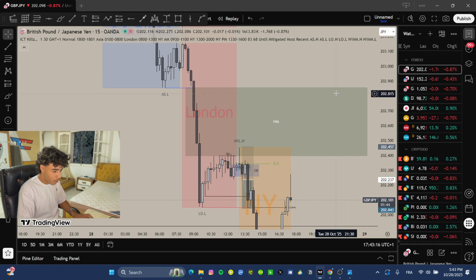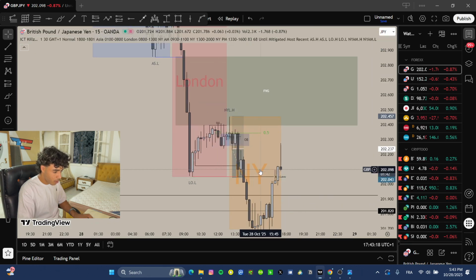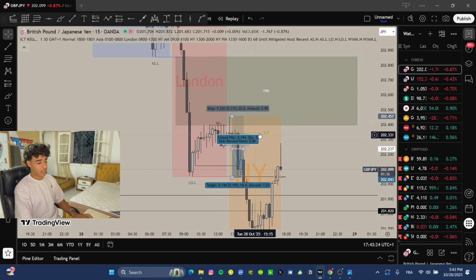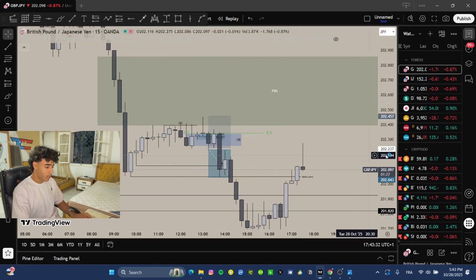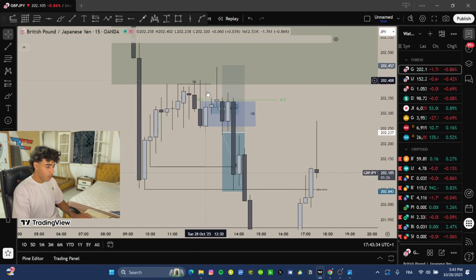We didn't sweep out the London session lows, while we did take out all of this buy side liquidity, and we did interrupt with this bearish fair value gap as well. Let me zoom in. As you can see, we have the clear sweep right here.